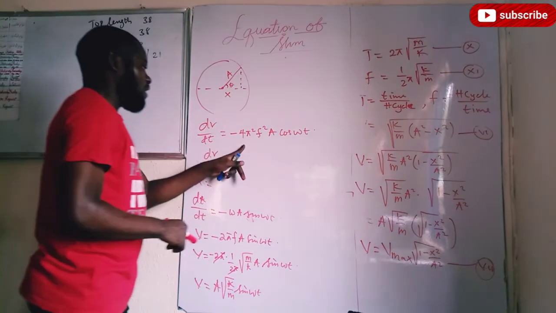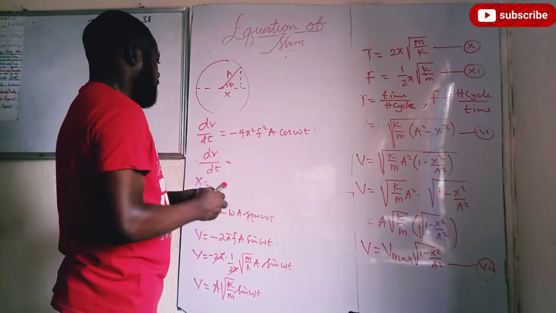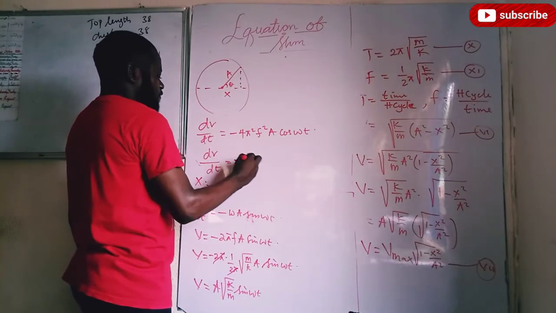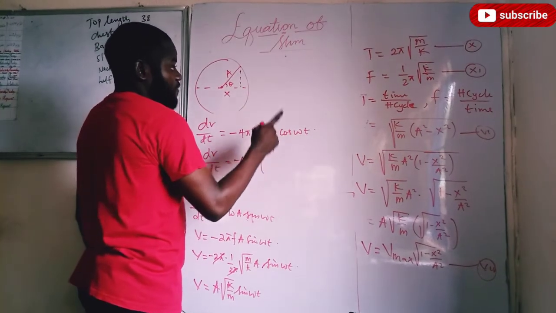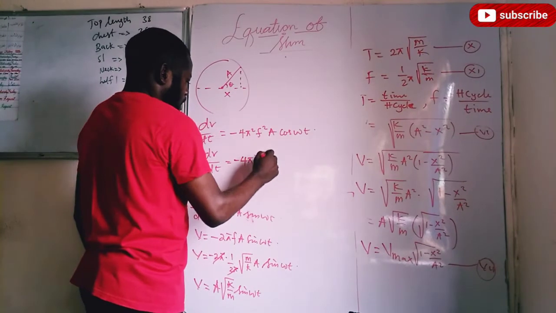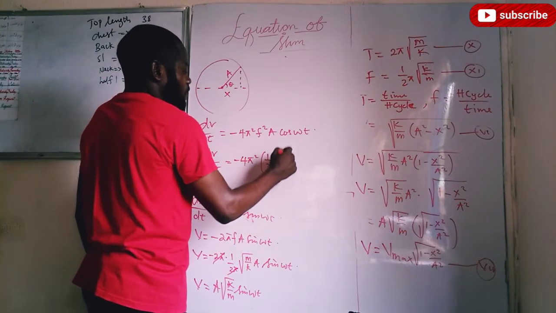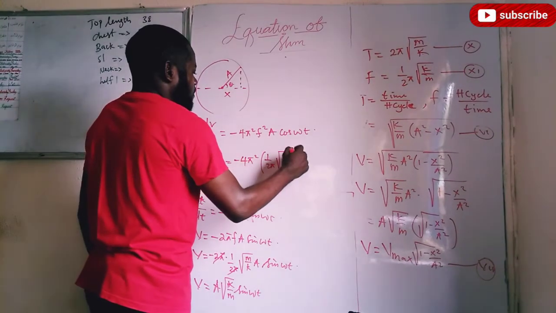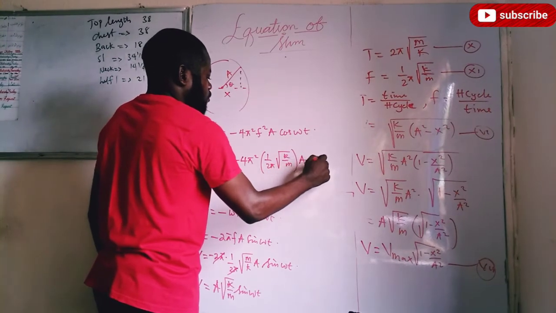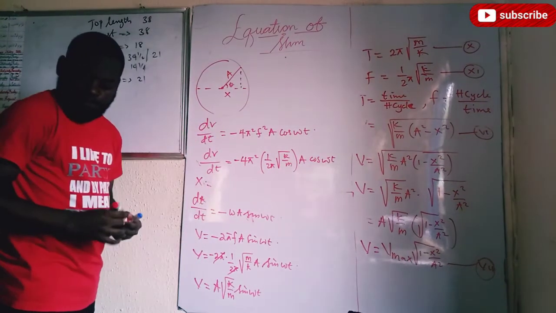In this case, I will substitute for f again. So this is negative 4 pi square, our f is going to be 1 over 2 pi, the square root of k over m, multiplied by A cos omega t. Are we there?